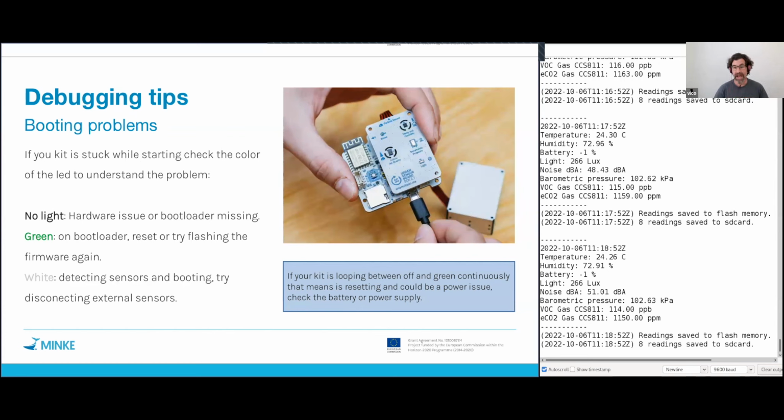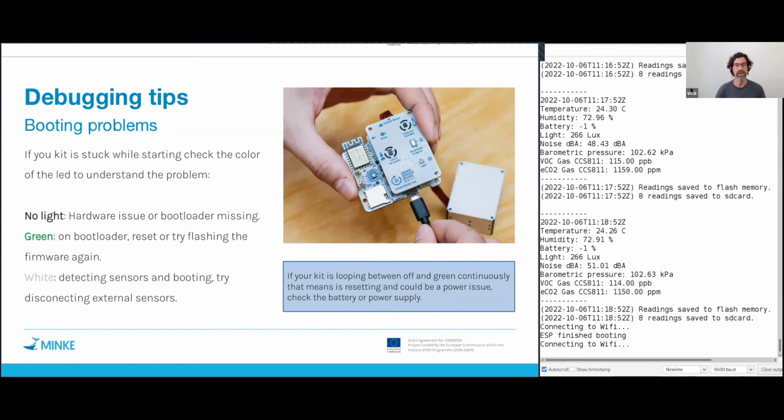Okay, if that's the problem that you find, try connecting your kit via USB, or changing the power source, or changing the battery to see if that fixes the problem. The most common one is a bad USB cable that's not able to give enough power to the kit. So try changing the power hardware to see if that fixes the problem.